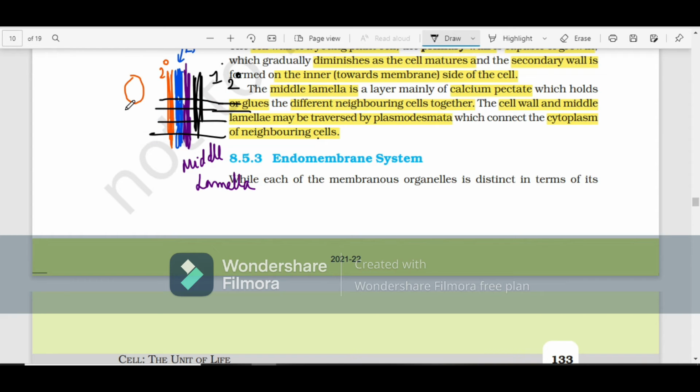Through these connections, sometimes smaller particles will travel, and sometimes huge ones too. So there's cytoplasm number one and cytoplasm number two, and this helps in connecting them.